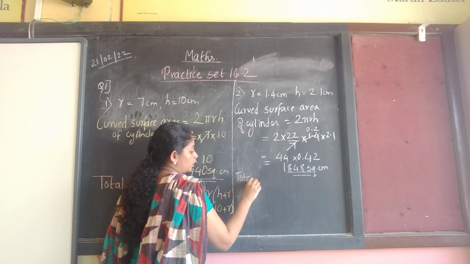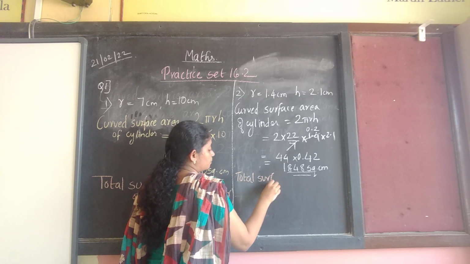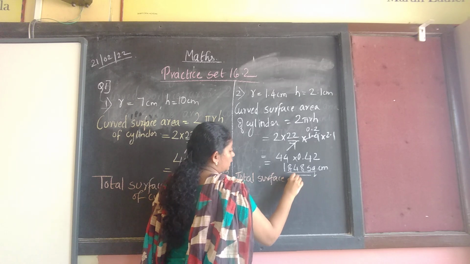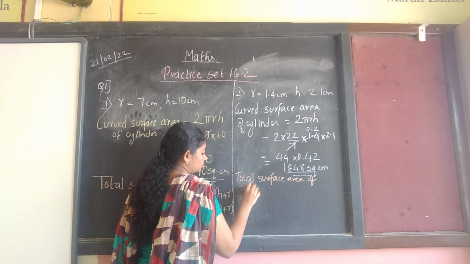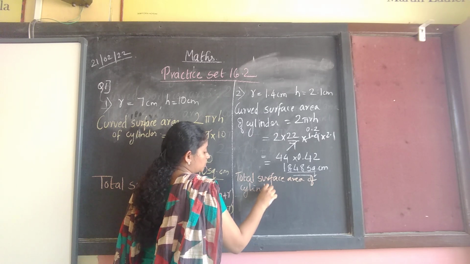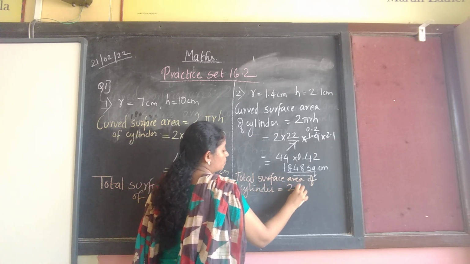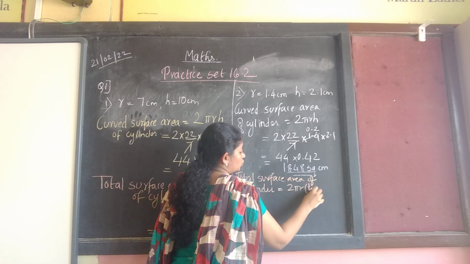Let's see the total surface area. You have to write the formula. Total surface area of cylinder is equal to 2 pi r (h plus r).